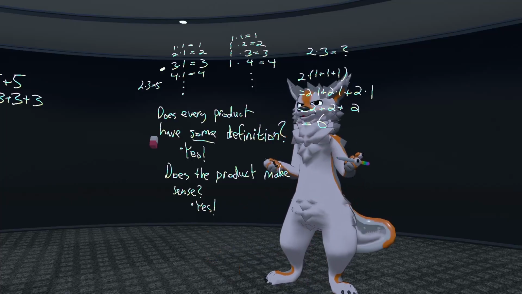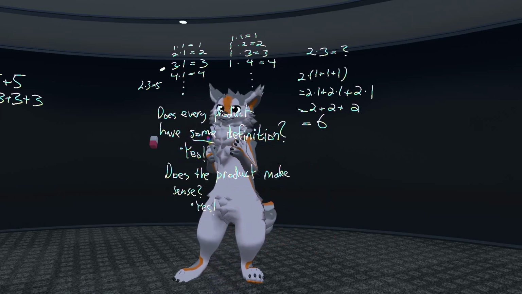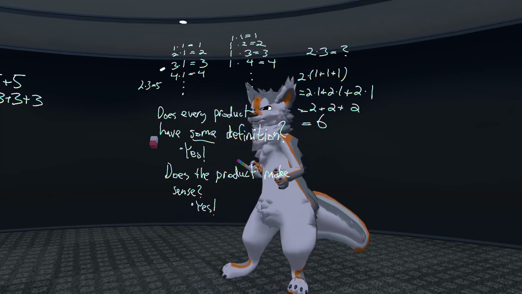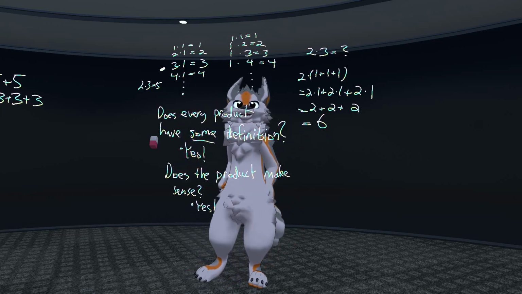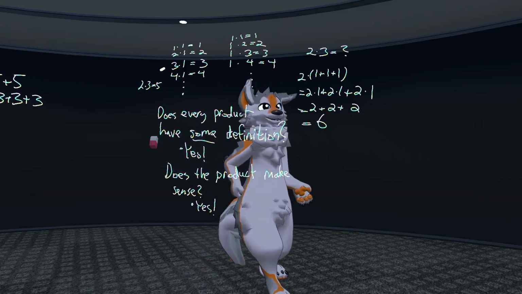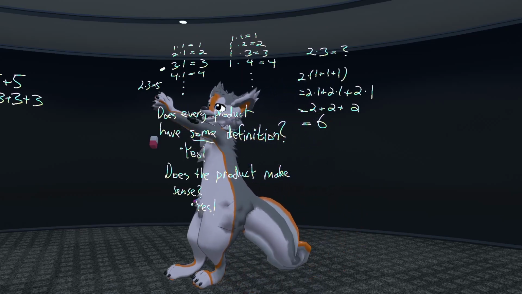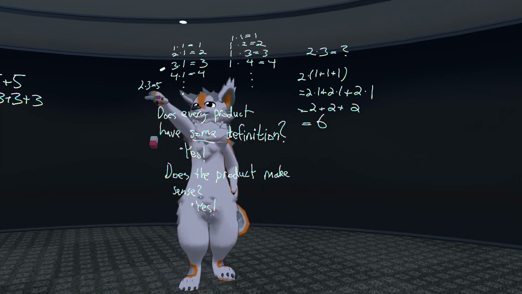That makes no sense. So in that case, even though it's true that for every product, including 2 times 3, there exists some reasonable definition, we have an argument to say that it's 6, and we also have an argument to say that it's 5, because we just came up with this rule.